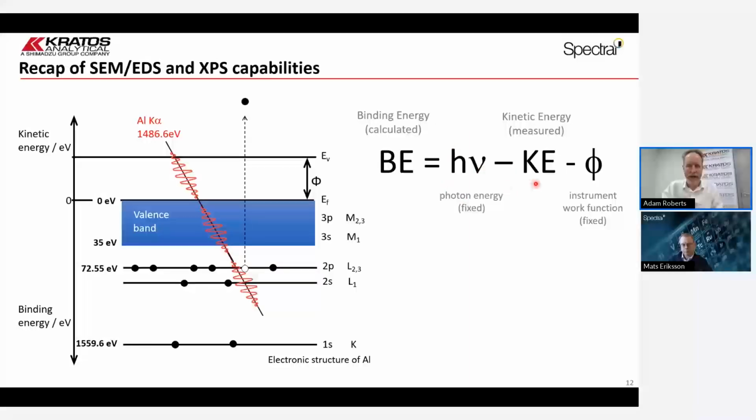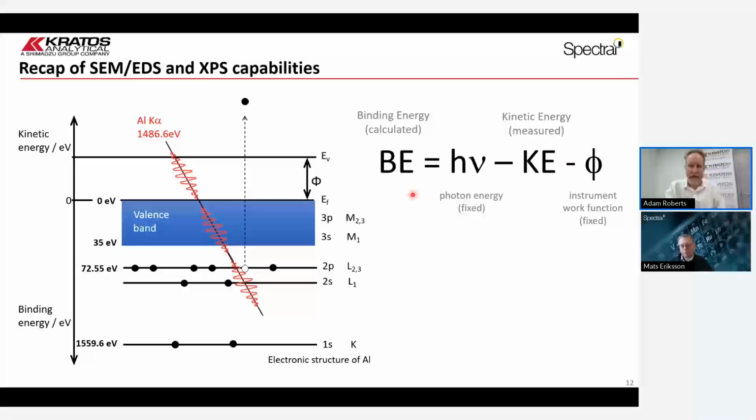We're measuring the kinetic energy, and then we have another term, the work function, which is fixed and is typically taken as the work function of the spectrometer. So that allows us to calculate this binding energy. Going forward, we'll be talking about the surface sensitivity and the relationship between the kinetic energy and the binding energy.